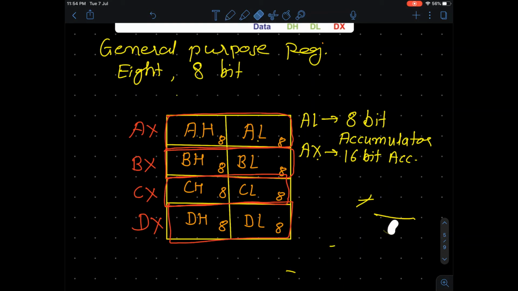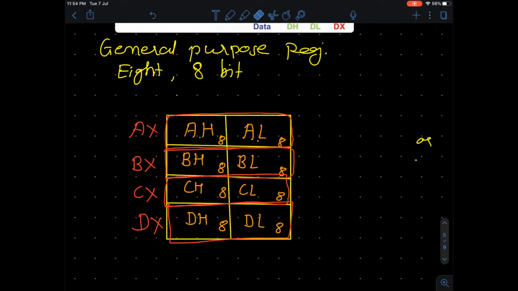Then another register is the BX register, which is also called the base register. BH, BL and BX can be used as general purpose registers.